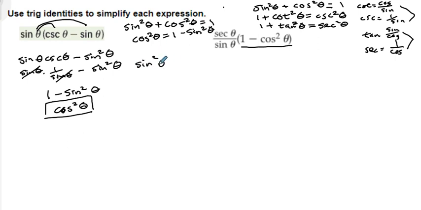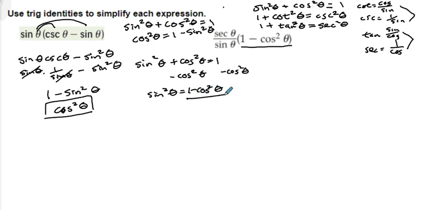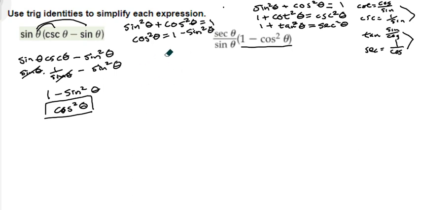Because if we have sine squared theta plus cosine squared theta equals 1, and I get rid of my cosine squared theta from both sides, I get sine squared theta equals 1 minus cosine squared theta. And that happens to be what's right here. So what I'm going to do next is erase this. If you have to pause the video and go back to get that down, knock yourself out.